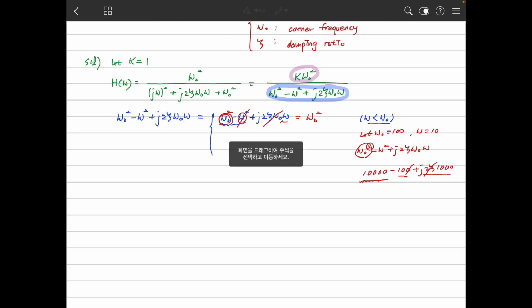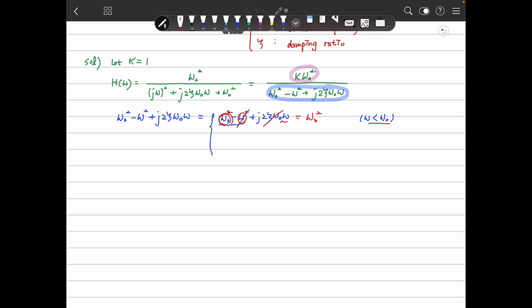In the same manner, when omega is larger than omega 0, then in omega 0 square minus omega square plus j2 zeta omega 0 omega, the omega square term is quite a big value compared to omega 0 square, so we can ignore that. And this is a big value squared, but the other is just first order, so we can ignore it. Then the result will be minus omega square.